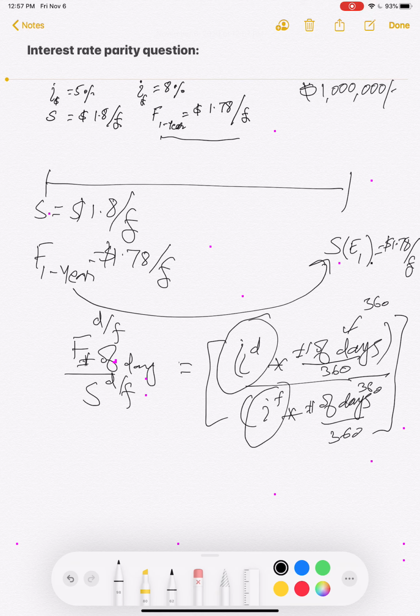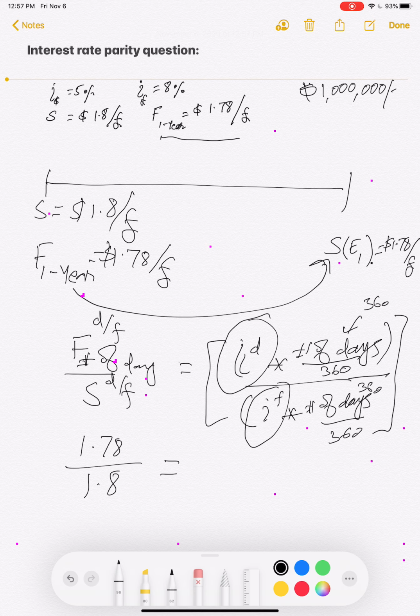If not, then we have the arbitrage opportunity, because the interest rate parity is violated. So if you plug in the forward rate right now, we have the forward rate of 1.78 divided by 1.8.